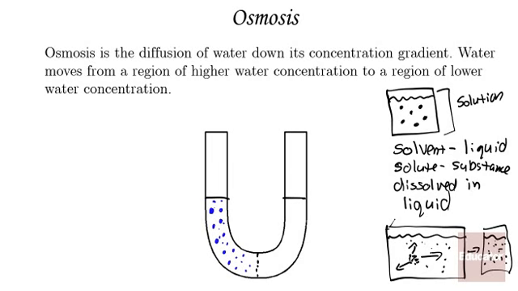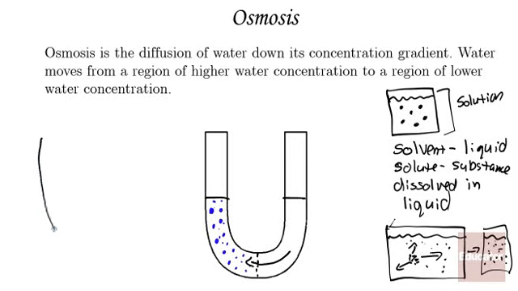What's going to happen is the water is going to move from the area of high water concentration, which is over here on the right. Because on the left, it's lower water concentration because some of this space is being taken up by the solute. So the flow of the water is going to be from this side to the other side.